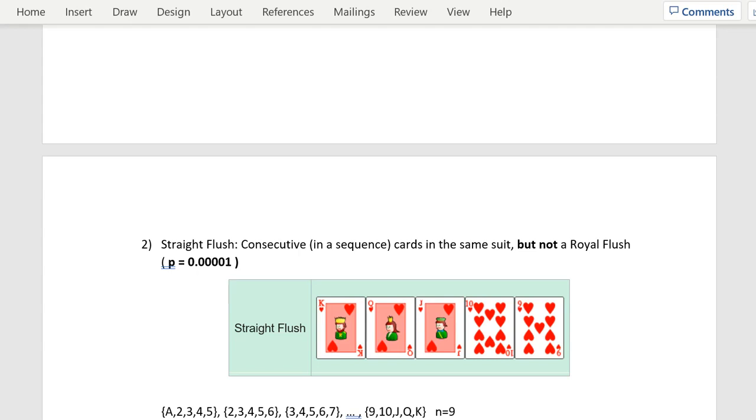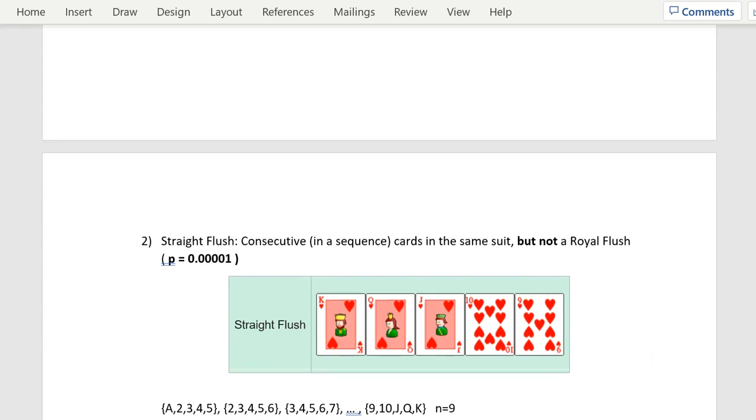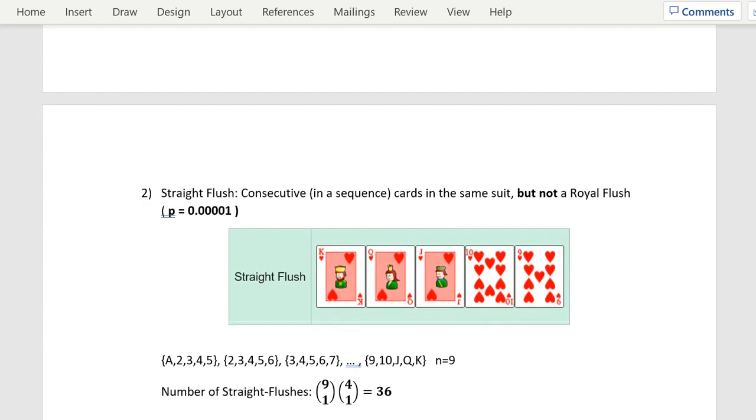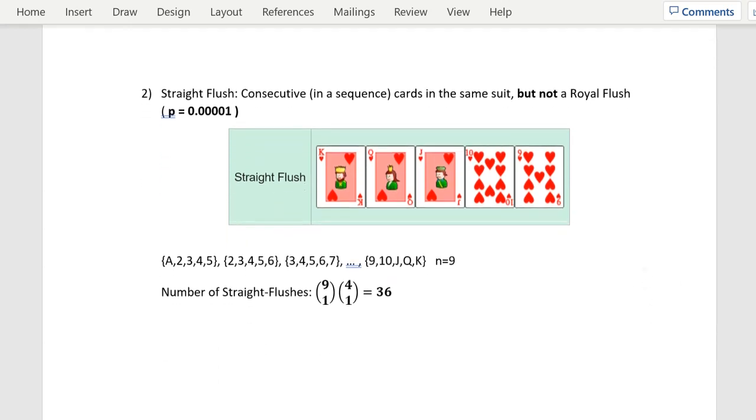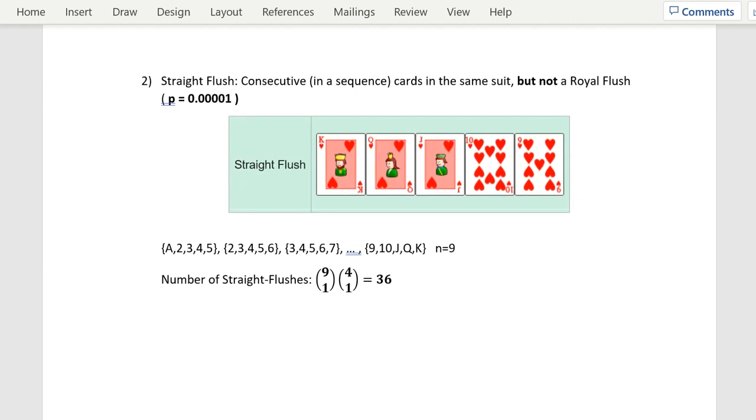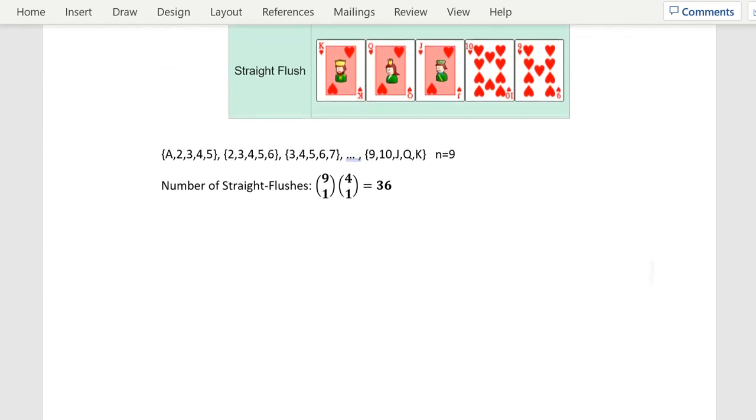And again, because there are 4 suits, remember these have to be in the same suit. So there are 9 choose 1, which gives you the sequence of 9 possible straight flushes, and 4 choose 1 is the number of suits. So there are 36 of these. It's more probable than a royal flush.